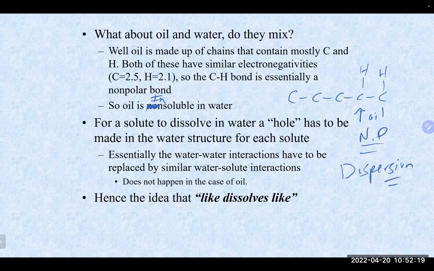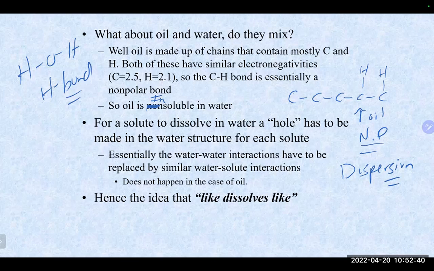So something like oil will use dispersion forces, which you remember are these temporary weak interactions. And if you try to put that into water, which is going to mainly try to use hydrogen bonding, that is a bad mix. Those are two very different ways to interact with each other.